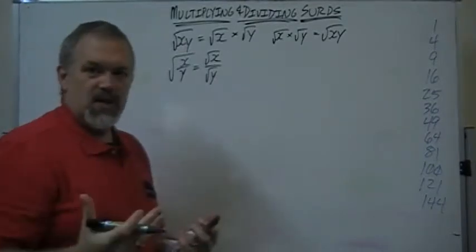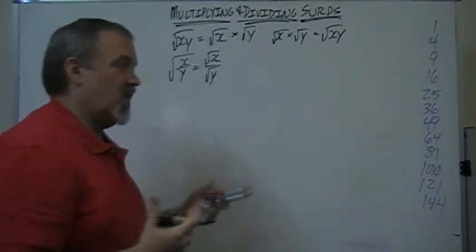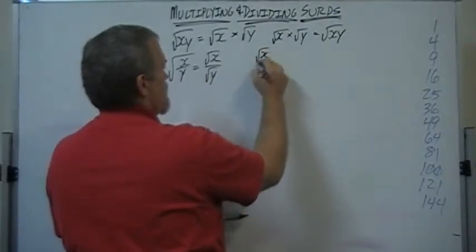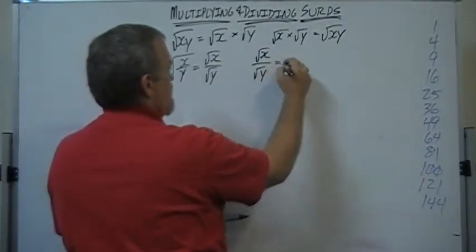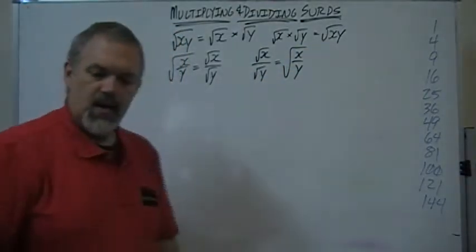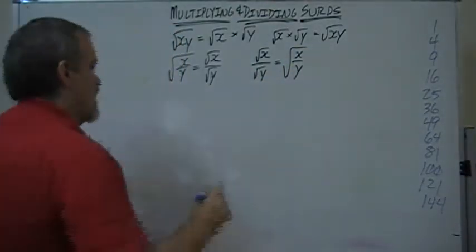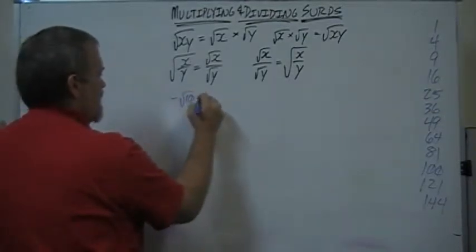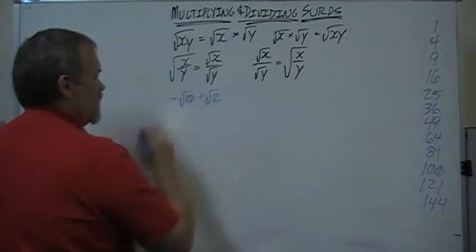And when we're actually doing the division, we want to go the other way and say the square root of x over the square root of y is equal to the square root of x over y.